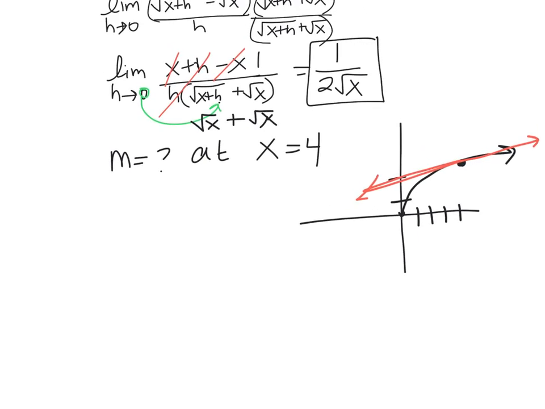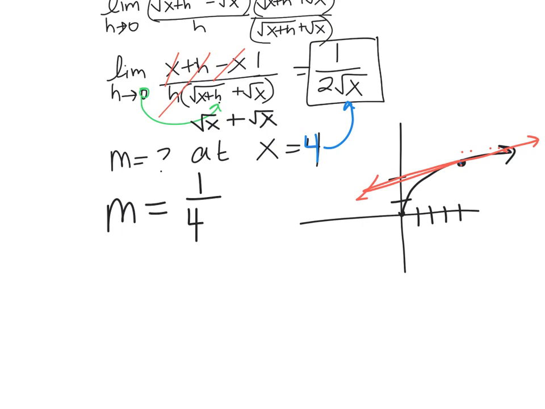What would the slope be? 1/4. You take that 4 and plug it into the formula you just found. The square root of 4 is 2, and 2 times 2 is 4. So 1/4. So this red line right here, you would rise 1, run 4.